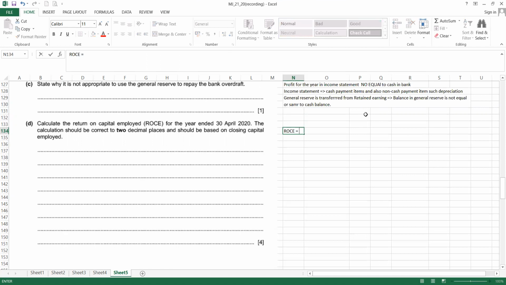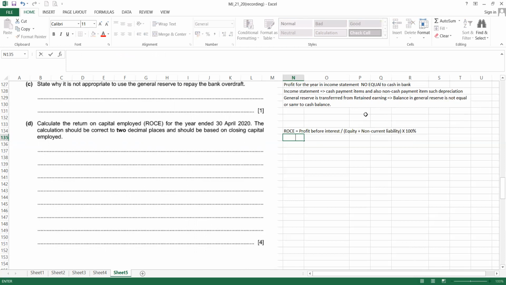The formula for ROCE is profit before interest divided by equity plus non-current liability, times 100%.